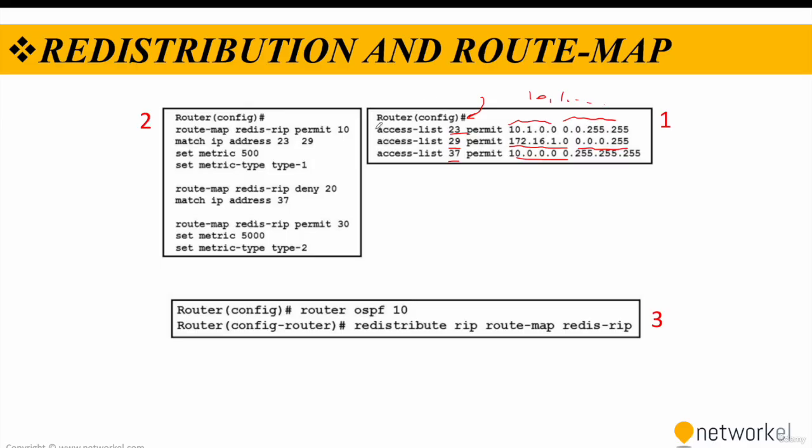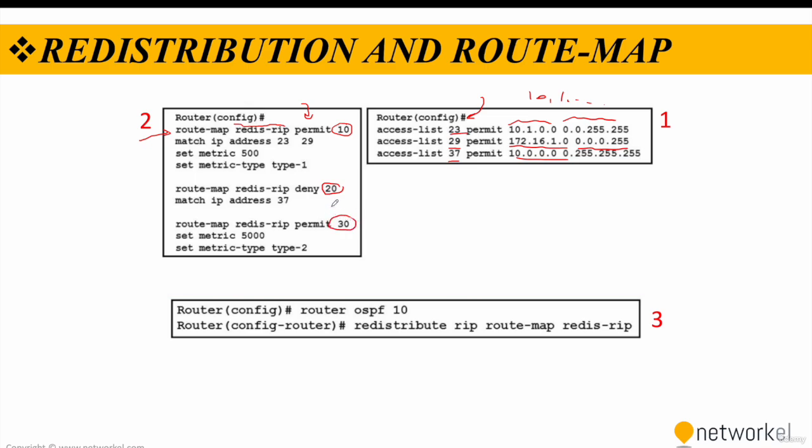In the second step, I am defining my route map statements. So route map, this time the name is Redis RIP, and I have some statements in here. Permit 10 is my first route map statement, 20 is my second, and 30 is my third.